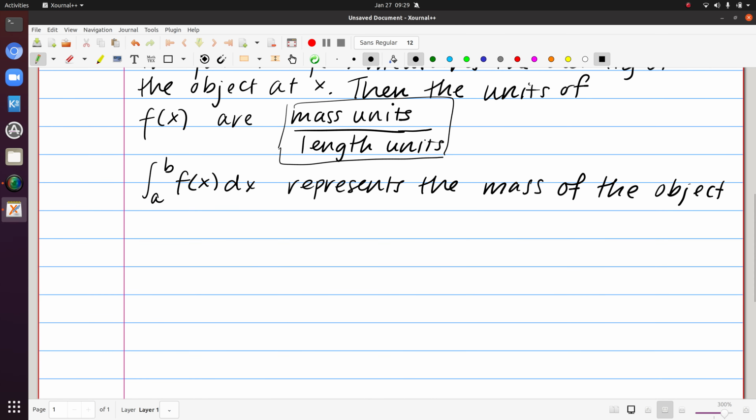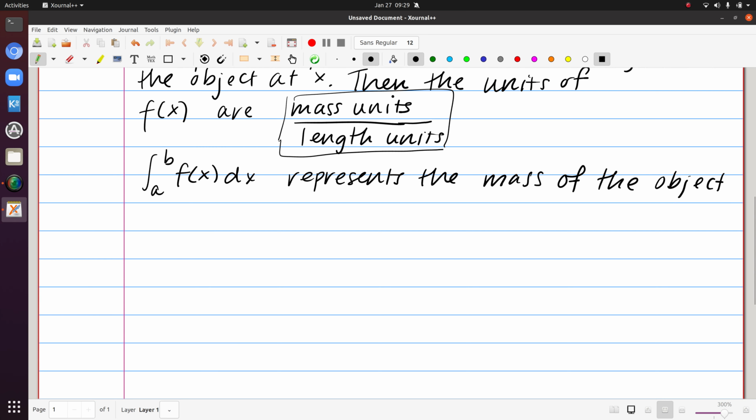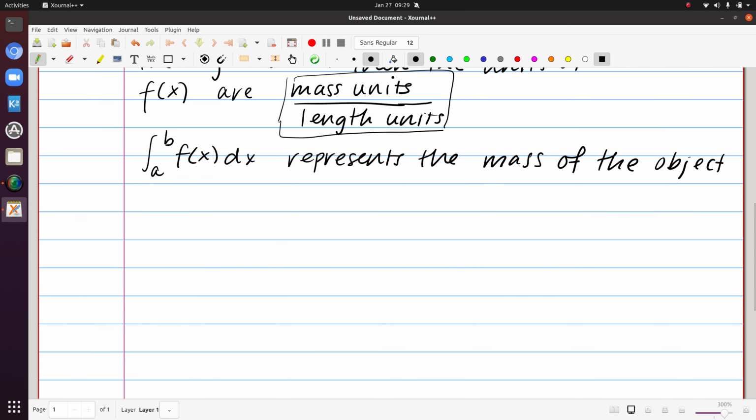So this is all a little bit removed here, but just to think about this, you could think of some examples of units.